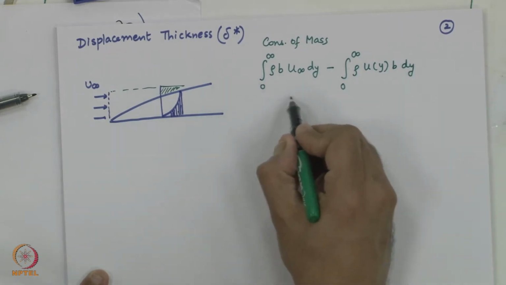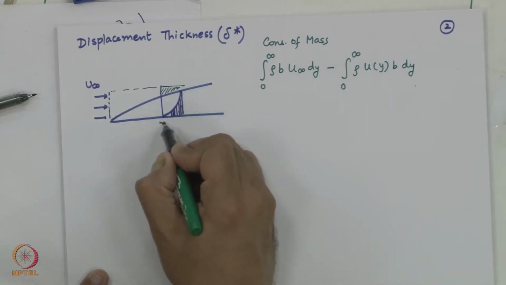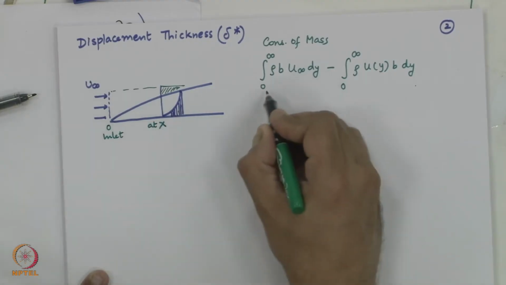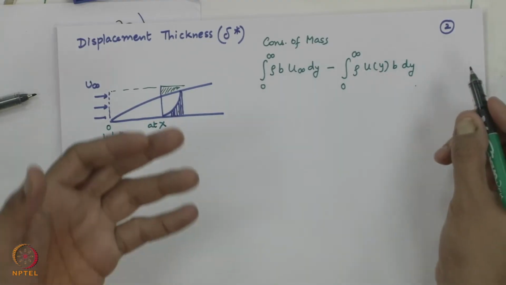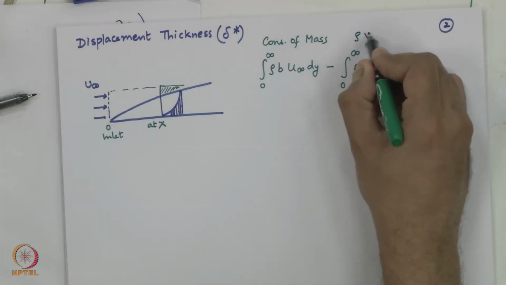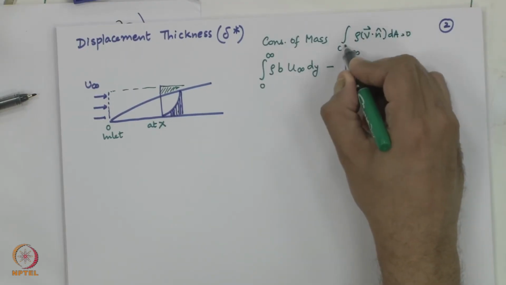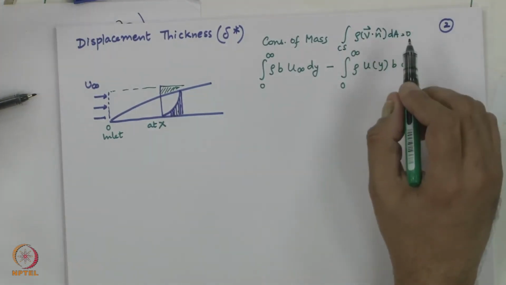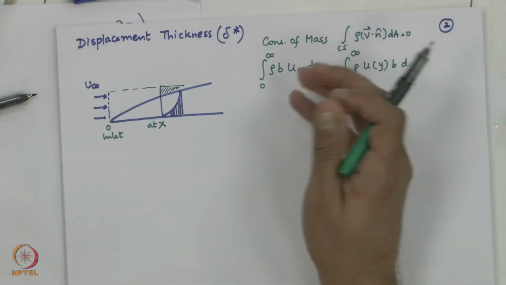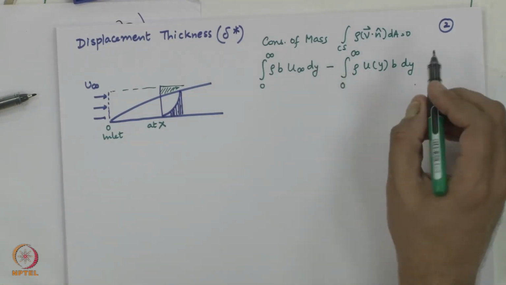This is the incoming mass, this is what is going out at a location x, this is at inlet at x location. So, the incoming mass minus outgoing mass is equal to 0, mass has to be conserved. So, we are just using integral of rho v dot n cap dA equal to 0 over the control surface, same thing only. We are now writing it as mass in negative, mass out positive, right hand side is 0. So, I am just writing it in a convenient form.